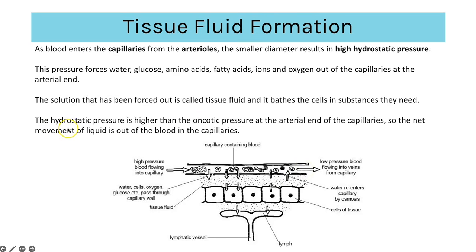So at this point, the hydrostatic pressure is higher than the oncotic pressure, and we're talking about the arterial end here. And that's why the net movement of water is out of the capillaries to form the tissue fluid.